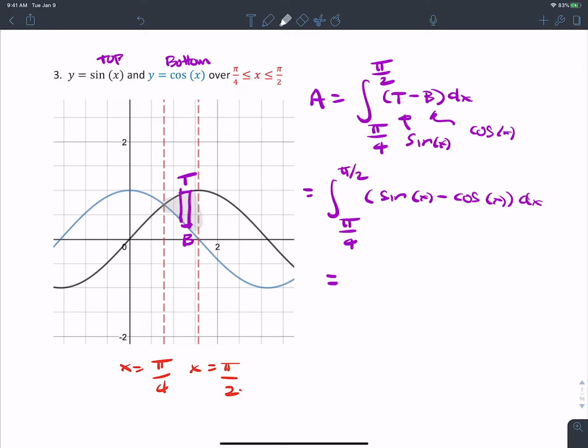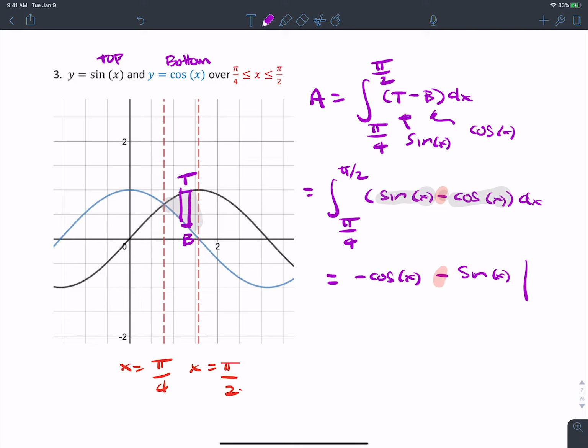Remember, we're going back up here. Antiderivative of that function minus the antiderivative of the cosine. So what's the antiderivative of sine? Isn't that minus cosine? Don't forget to bring this minus sign here. That's there. Now, what's the antiderivative of cosine? And then just sine. So that's from pi over 4 here. Pi over 2.